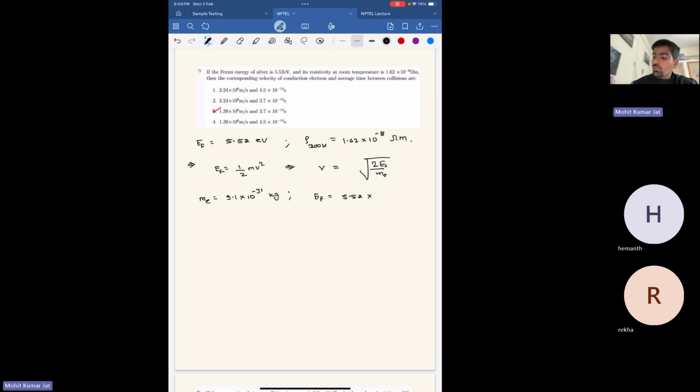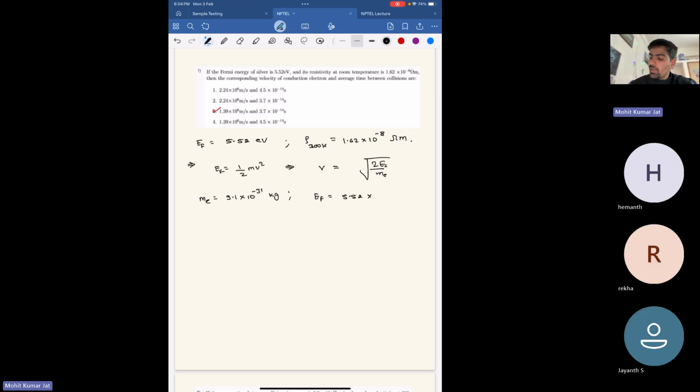To convert into joule, I'll have to multiply it by the electronic charge, that's 1.6 times 10 power minus 19, and that will be joule. And if I compute it, under root 2 times 5.52 times 1.6 times 10 power minus 19 divided by the mass of electron, this gives me the value, which I have already calculated, so I know this value.